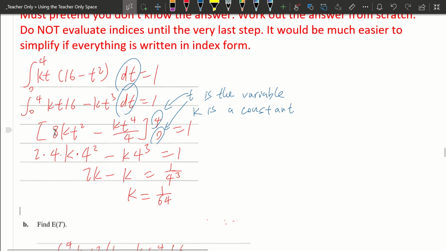And here, I have written 8 as 2 times 4 because I know there's a 4 squared happening. So if I have a 4 here, then everything is in the same base. And then I quickly realized 4 times 4 squared is 4 to the power 3, which is here. So I can divide everything by 4 to the power 3. So I'm left with 2k minus k equals 1 over 4 to the power 3. And of course, k is 1 over 64.